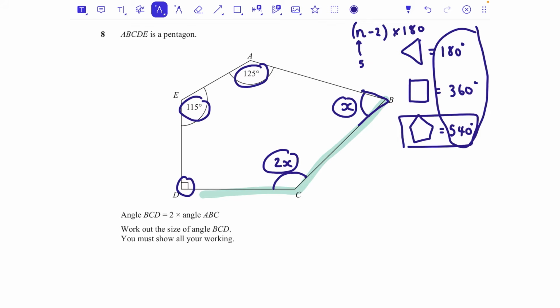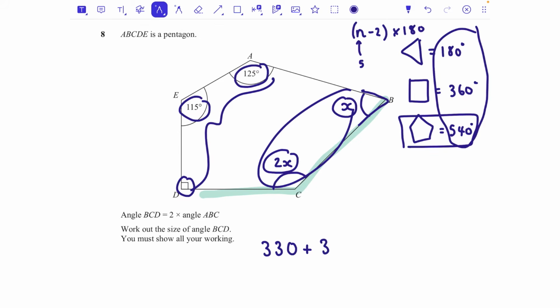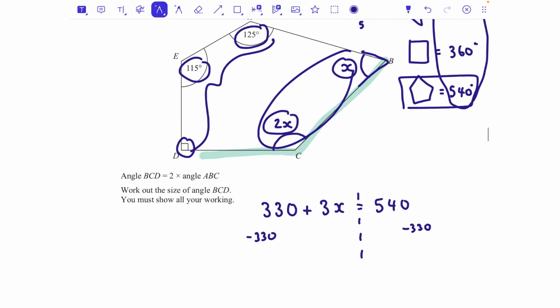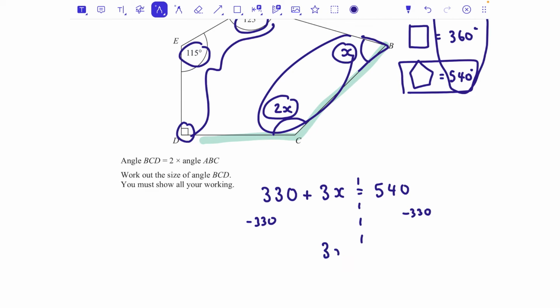These angles so far, these three, they add to make 330. So I'm going to say 330, add the 3 x's equals 540. Now we want to take 330 away from both sides so that we can solve this. And that is 210. So 3x equals 210.